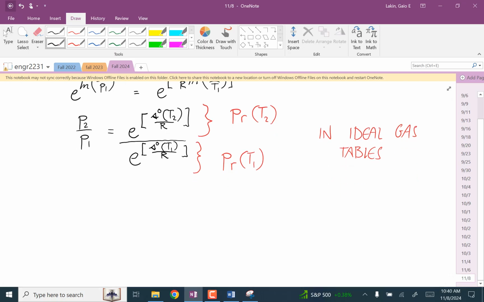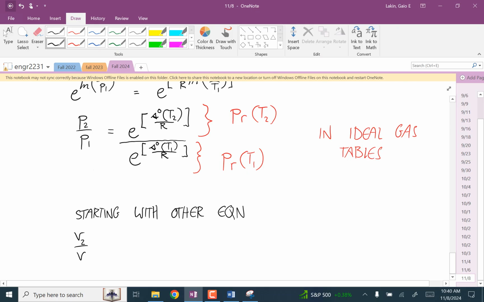And there is. So just starting with the other equation, you can get V2 over V1 is equal to VR at T2 divided by VR at T1.